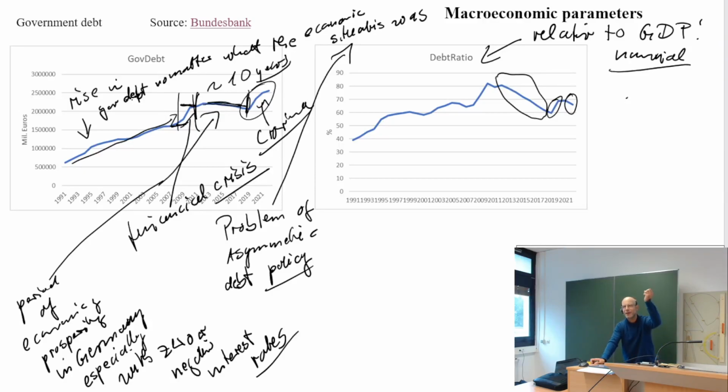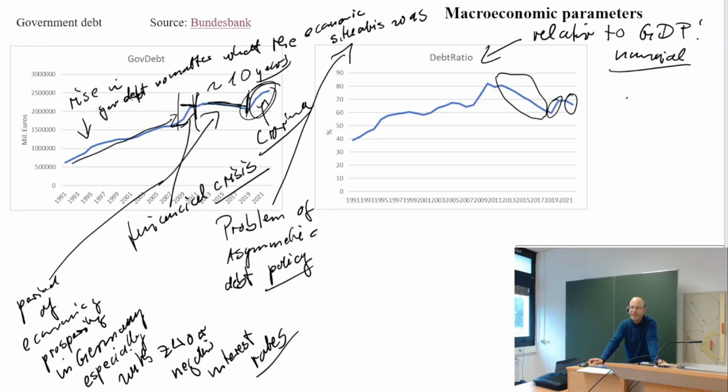And you know that our prices have exploded in the last 2 years, and this means that the denominator increases more than our absolute value of government debt.